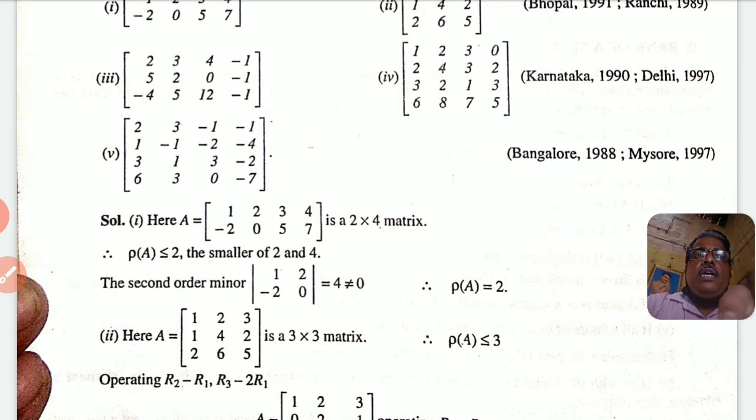To find the rank of the matrix, first we take the square submatrices of highest order. Now this is a 2 cross 4 matrix, so the highest order square submatrix is of order 2 cross 2 only.